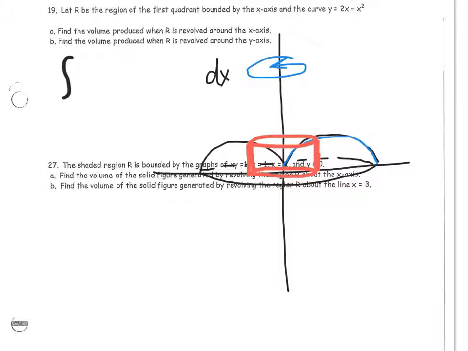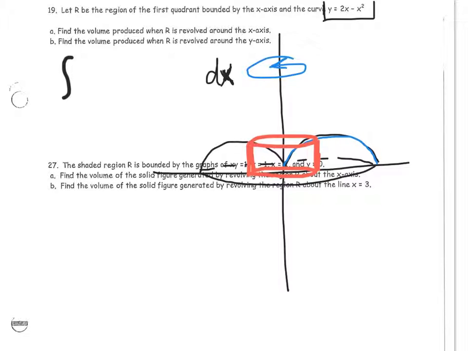I like the dx situation because the original problem is written in terms of x. It would be very tough to solve that for x in terms of y. You'd have to use the quadratic formula, so a dy situation would be tough. So we really want the dx situation, and that's what we have when you use shells.